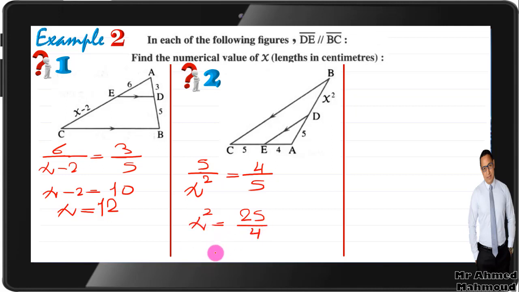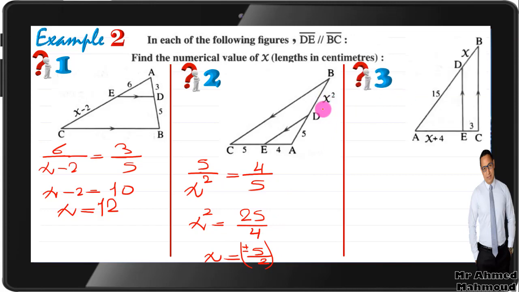By taking the square root, x equals the square root of 25 over 4, which is 5 over 2 or 2.5. In the previous question I didn't write negative or positive because x was the length of a side, but here x is squared, so it is negative or positive, so x here has two possible values.